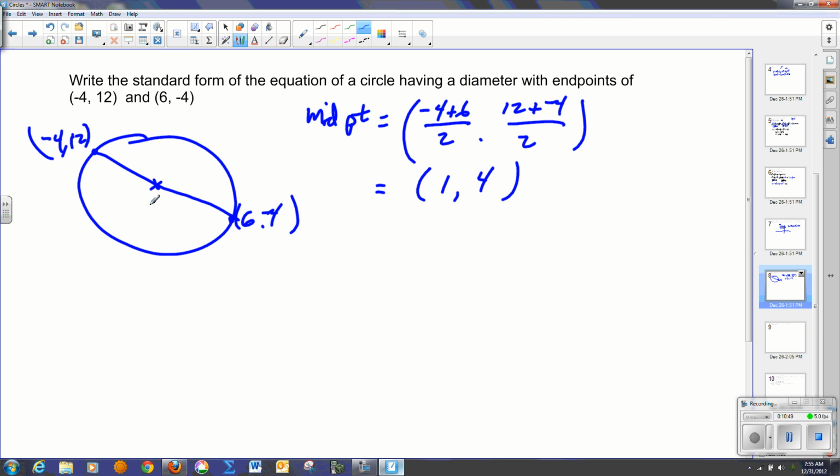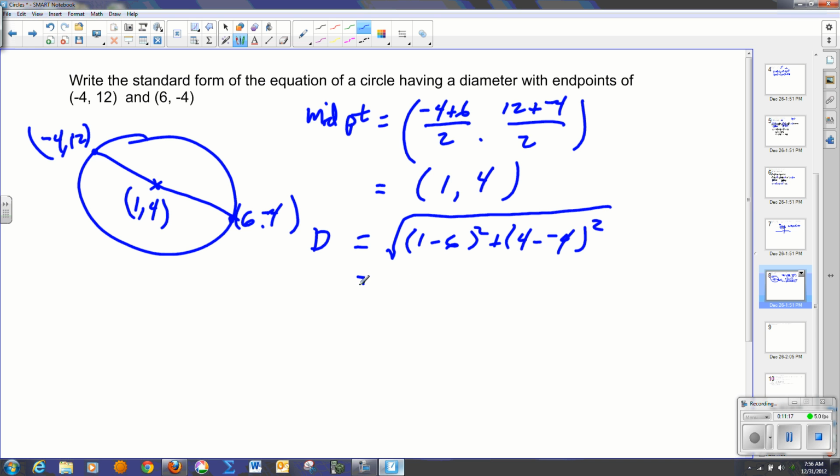Then what I'm going to have to do is find my radius. So now that's just like finding the distance from that center out. So I'll do that by taking 1 minus 6, squaring that. That's the difference of the x's. The difference of the y's is 4 minus -4 squared, and I'll square root the whole thing. So I have -5 squared, 8 squared, square rooted.